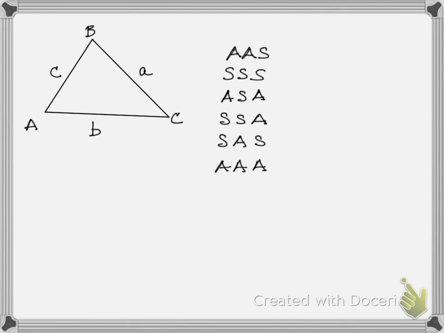These are all the possibilities for 3 pieces of information that I could be given. Now, we've already said that we cannot solve this angle. That does not indicate a unique triangle. For instance, if I take this triangle that I was given, I could just draw another little triangle inside it that has the same angle measure, but there's no specific size, there's no unique value to the sides that we could solve for.